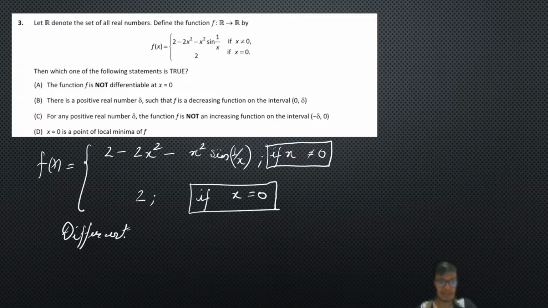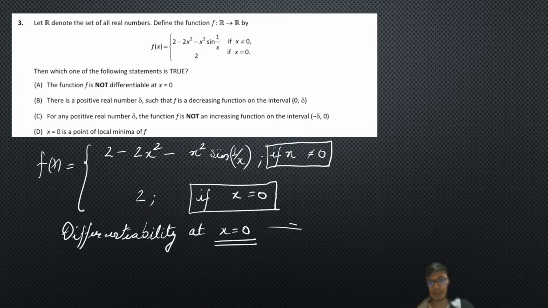So if I look at a differentiability check at x equal to 0, what you need to check is that the right hand derivative should be equal to the left hand derivative at that particular point.